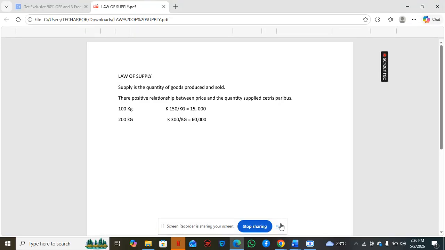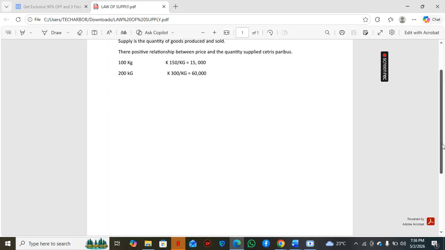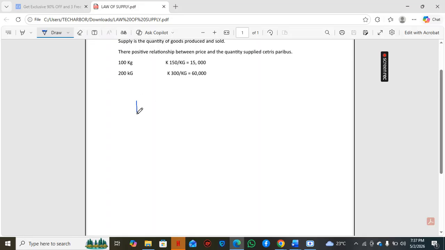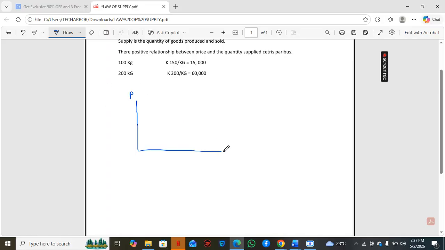Okay, so this is our supply curve. You have price on the y-axis, you have quantity. So this positive relationship, as we remember, is represented by an upward sloping curve like this.